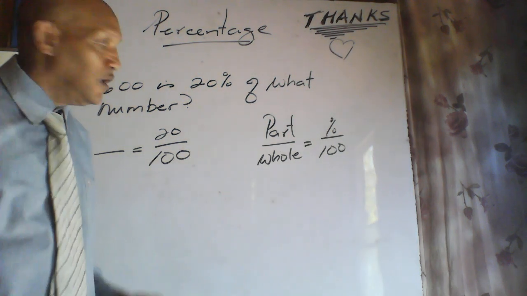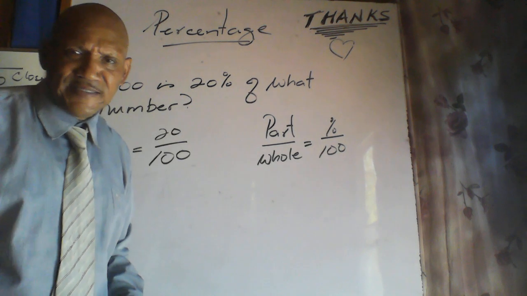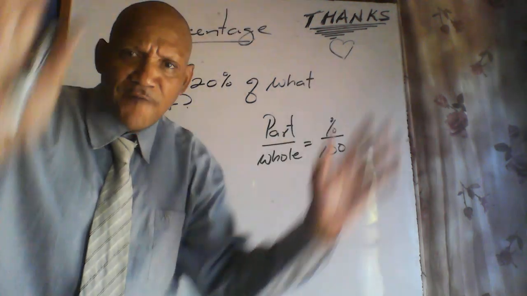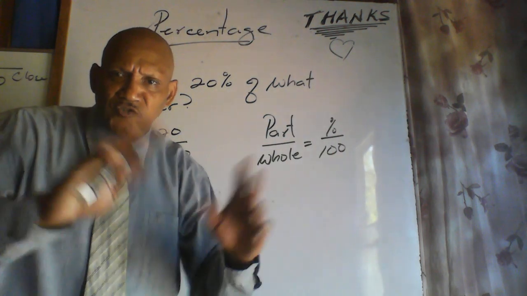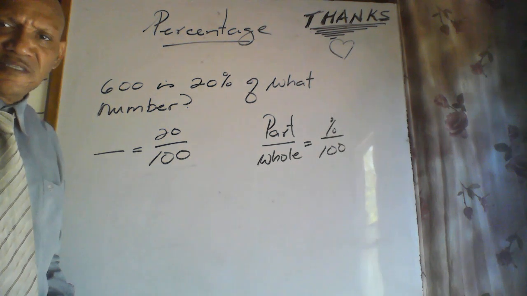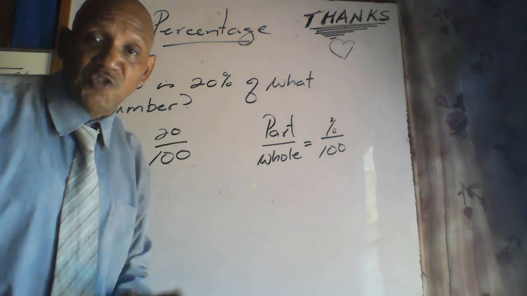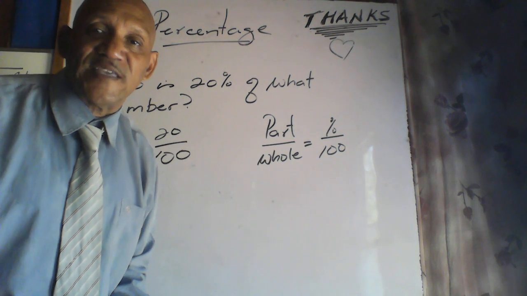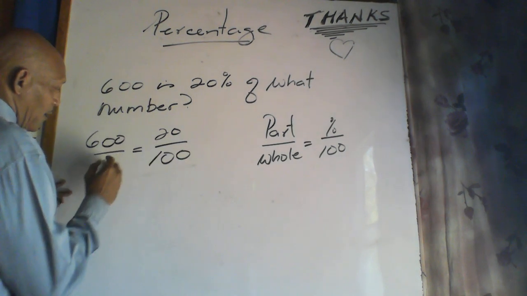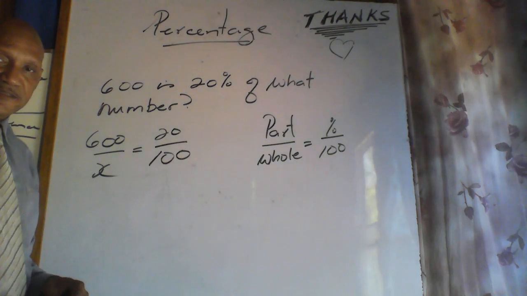But you have to be careful, because 600 is 20%. 600 is not 100%. 600 is 20% of the whole thing. So 600 is just a part of the whole thing. It's just 20%. 600 is just a part. So 600 is the part, and we are trying to find the whole. So I put a variable x.